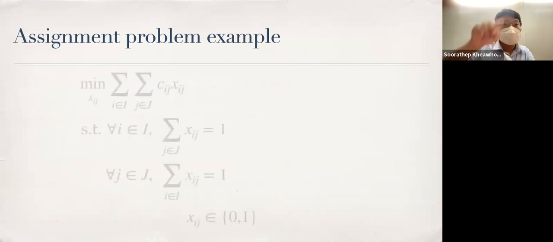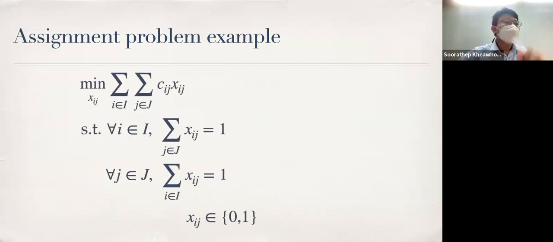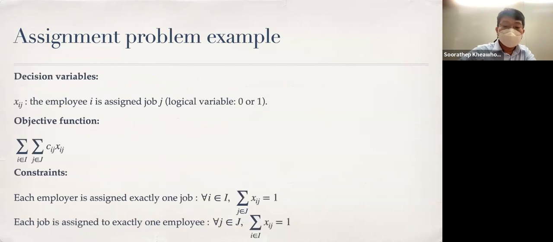That means in the same row, or in the same column, sorry, in the same column, the summation must be 1. Because we allow only one person to take one job, and also in the same row, it must be 1.